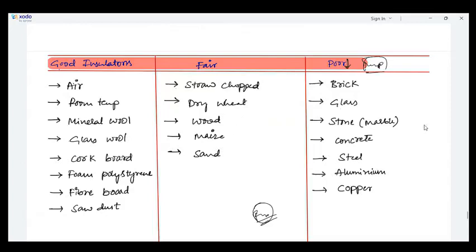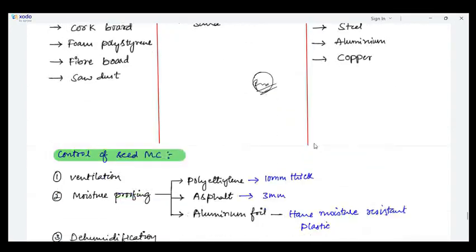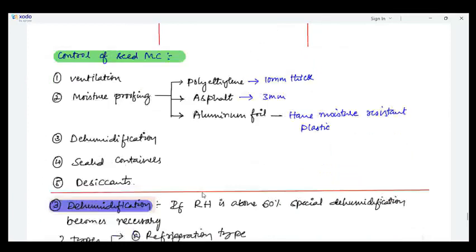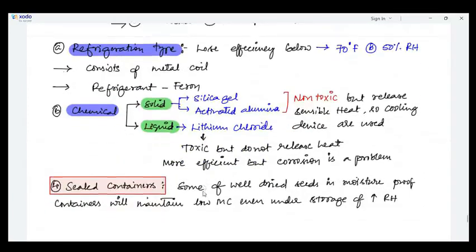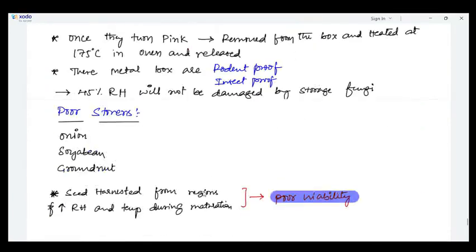Good insulators are nothing but poor conductors. Poor insulators are good conductors; they conduct heat efficiently. Fair means in between. Just don't get confused: good insulators means poor conductors, and good conductors are nothing but poor insulators. I think you can read all these things; nothing to explain.